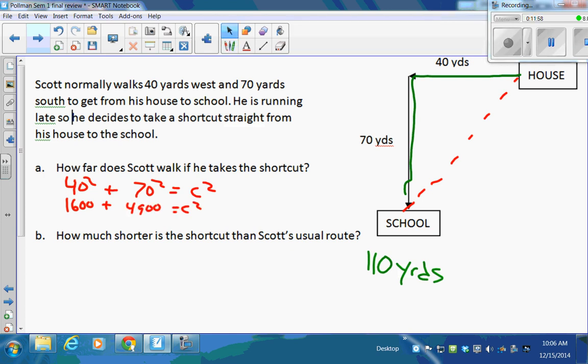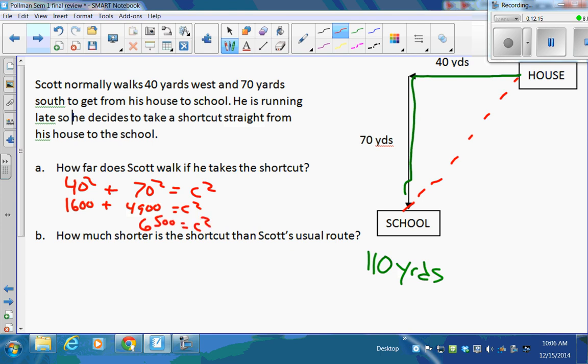Equals c squared. So when I add these two together, 1,600 plus 4,900, I get 6,500 equals c squared.